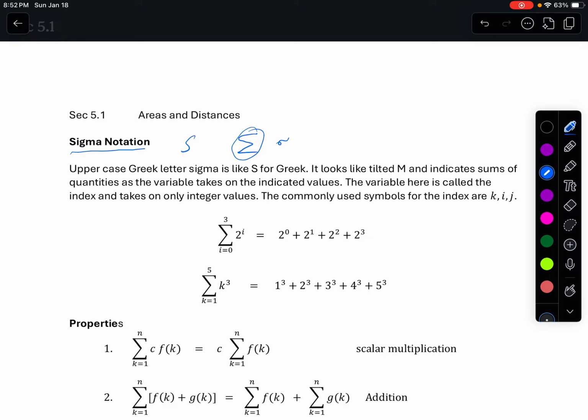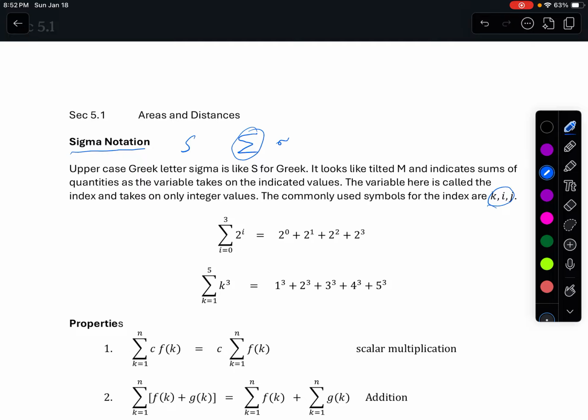An index takes on integer values only. It could be negative, positive, or 0. The commonly used symbols for the index are k, i, or j. There could be more, but these are mostly enough to express your problem.